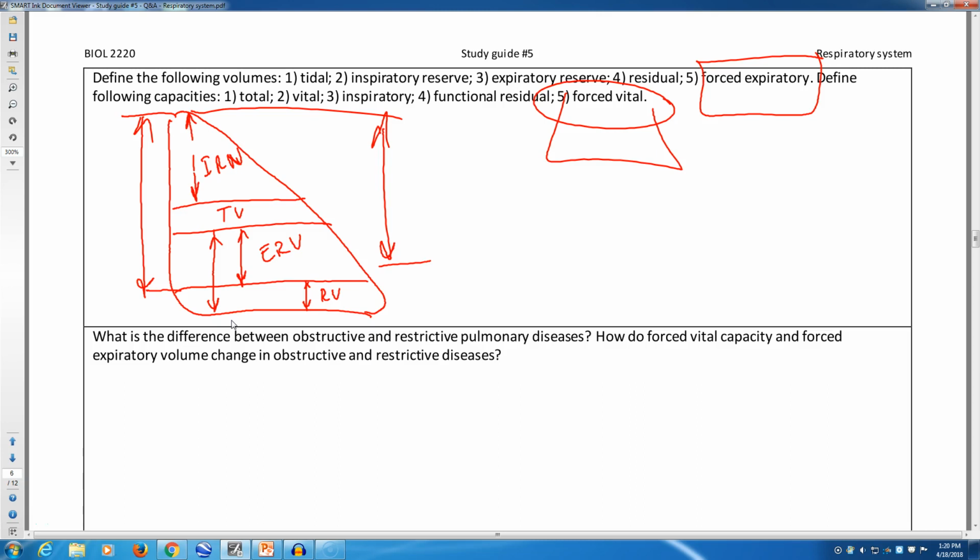Because think about this. That's one expiration. I'm going to show you. I did it really fast. Imagine for a second that my respiratory passages are constricted. So I would take much more time to expire, and then I would do.